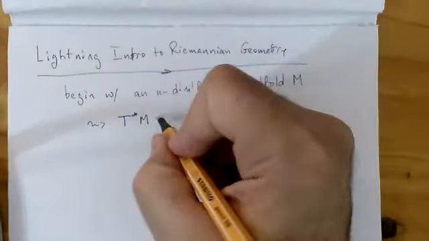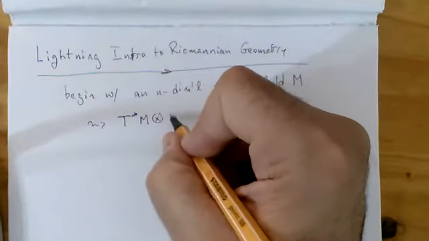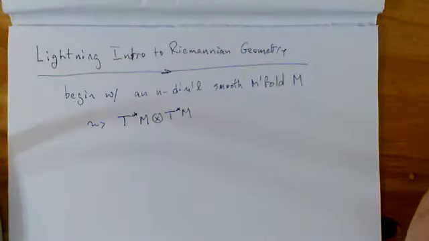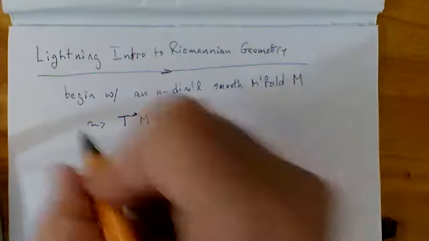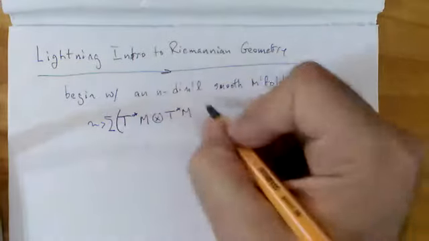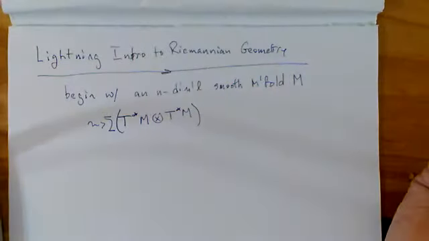And then what I can do is I can tensor that with itself, and I can take the symmetric part of that tensor.